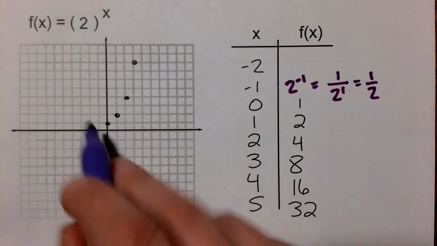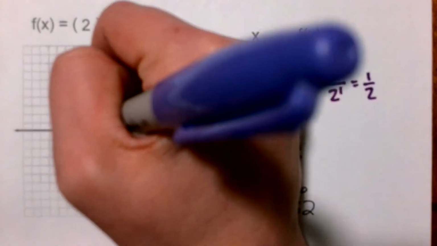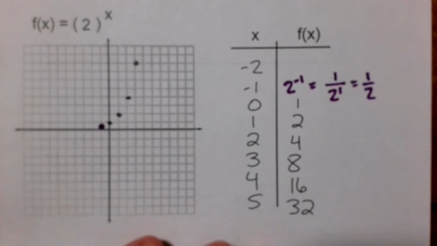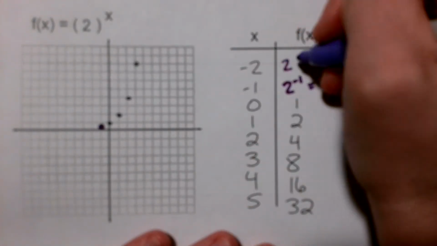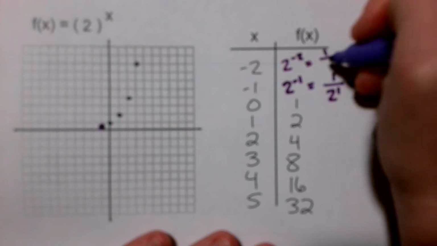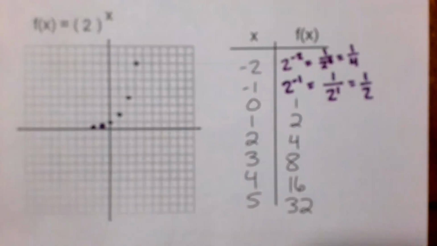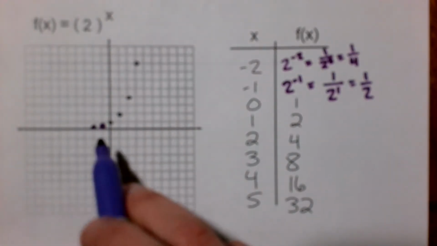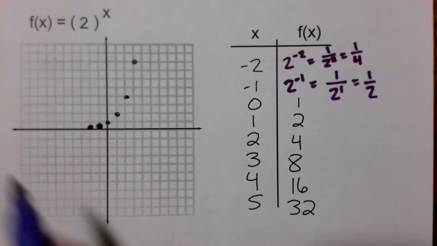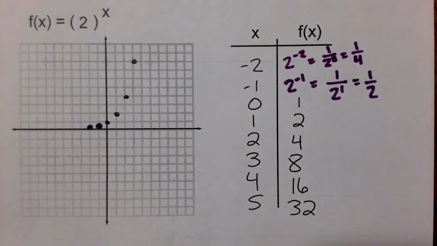So at negative 1, I get this 1/2. If I plug in a negative 2, same thing is going to happen, where I get 1 over 2 squared, or 1 over 4. What's going to happen here is that the further that I go left, negative numbers, it's just going to get closer and closer to 0.